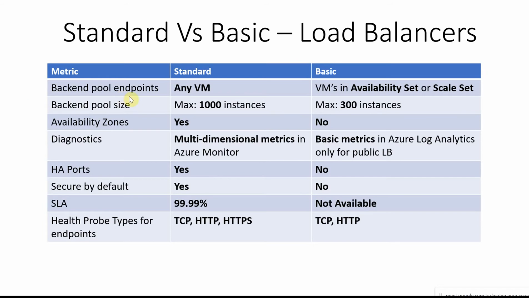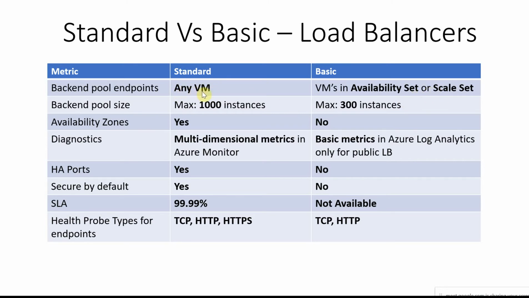In the basic category, only availability set or scale set VMs are considered. In standard, any VM is considered, meaning the VM could be an individual VM. It need not be in an availability set or a scale set.